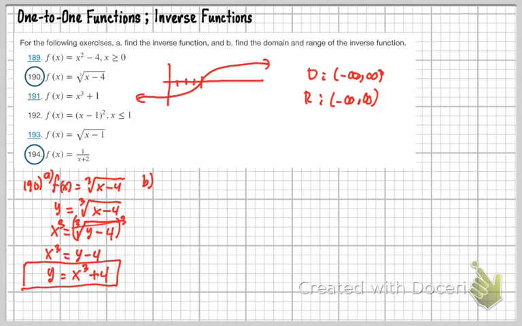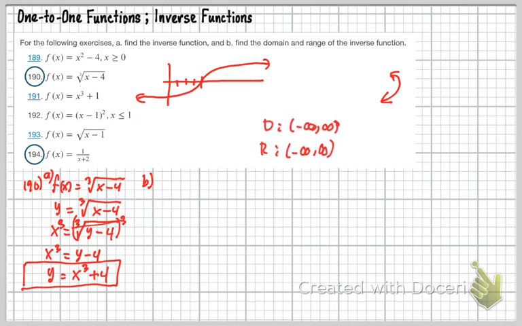For part B, when we're talking about the inverse functions, we swap these. So now my domain is going to be the range, and my range is going to be the domain. That's how it works when we talk about inverses, but they're the same, so we're not really going to see a difference here. This is just going to be what we have down here.